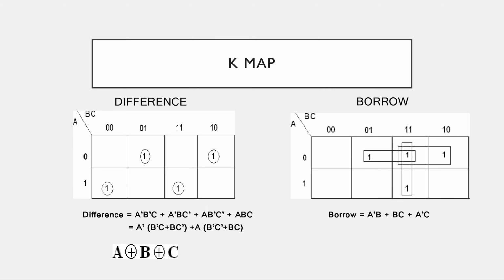Now we are going to see the K-map of full subtractor. As we saw for the half subtractor, this too has two formulas, one for difference and one for borrow. The formula for difference is A'B'C plus A'BC' plus AB'C' plus ABC.